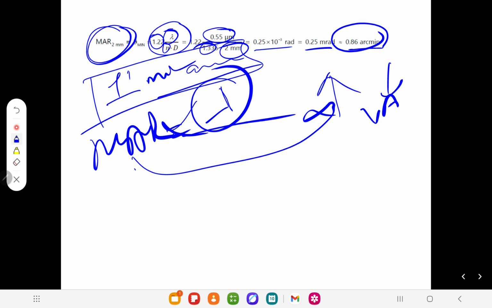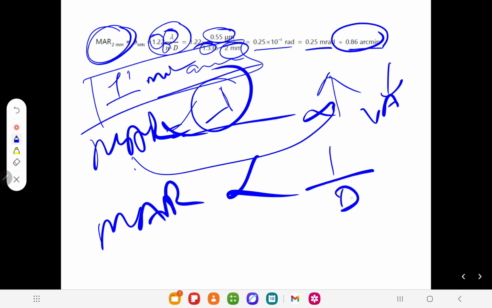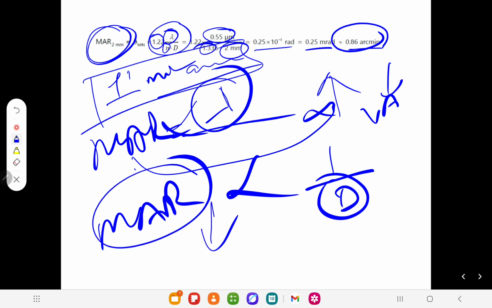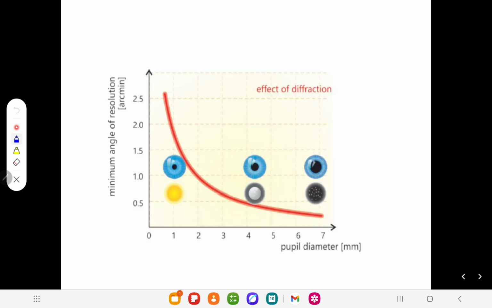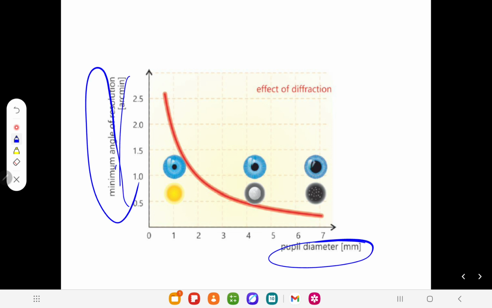So at the same time, can you see MAR is inversely proportional to the pupil diameter, isn't it? As the diameter increases, MAR decreases, which means better visual acuity because visual acuity is 1 by MAR, isn't it? So same thing happens here. See in this picture, as the pupil diameter increases, minimum angle of resolution decreases, isn't it? Which means better vision.